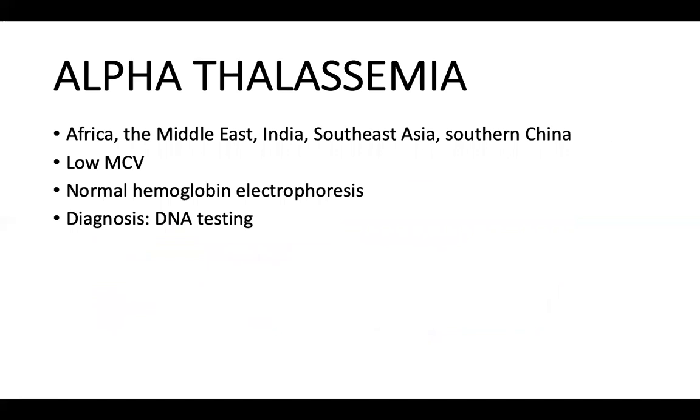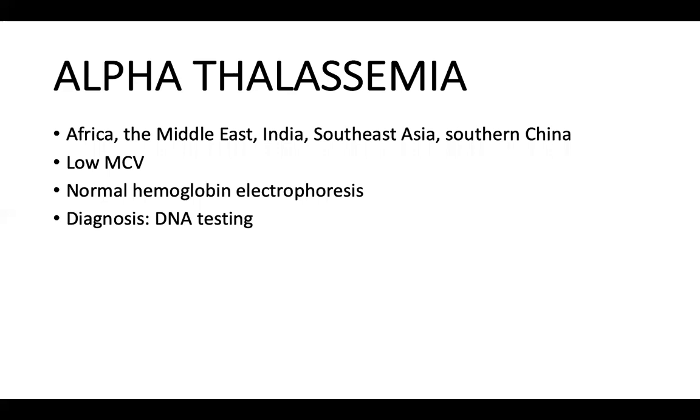Next slide. Now, I usually think of alpha thalassemia from Southeast Asia, but it can be from Africa, the Middle East, India, or Southern China.